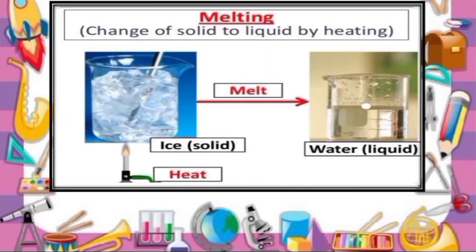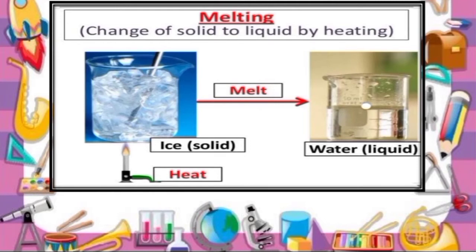The process by which a solid changes into a liquid is called melting. Let's start with ice cubes. Let's take some ice cubes and heat them in a beaker. What you notice after a while is that the ice cubes are dissolving in their own liquid.